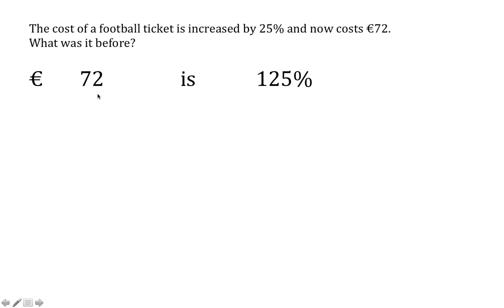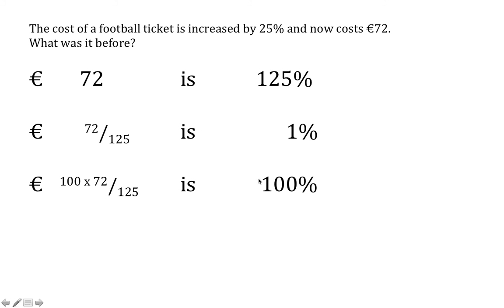So €72 is 125%. We can divide everything by 125 to find out what 1% is. And then we're interested in finding out the original price, which is 100%.